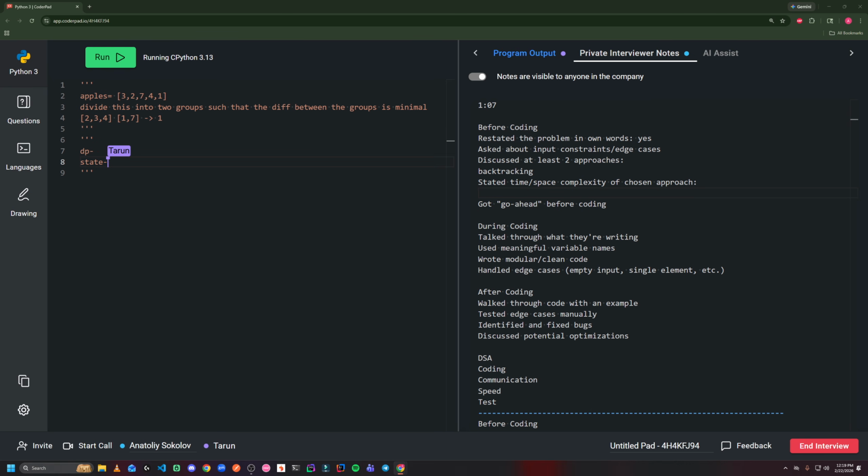Here the state is I need to get the index, so it will be I, and also as I'm going to maintain two subarrays, which is subarray 1 and subarray 2.